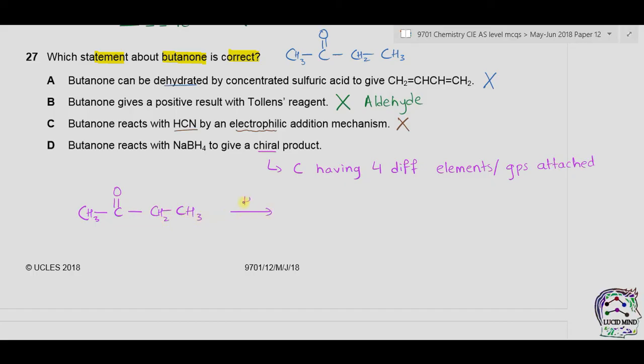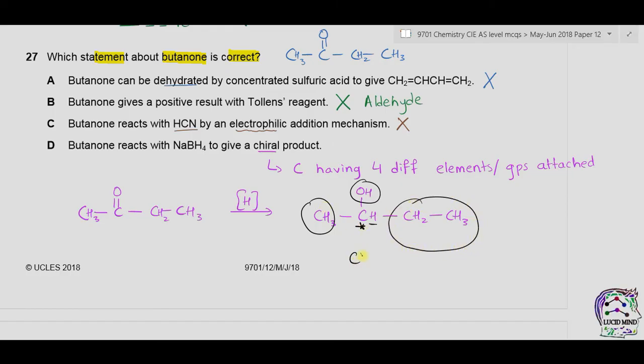It can be reduced in the presence of NaBH4 to form a secondary alcohol. In this product we can see that this carbon atom is attached to 1 hydrogen, 1 OH, 1 CH3 and 1 C2H5 group. So therefore this carbon is a chiral carbon and therefore the product is chiral. The answer is therefore D.